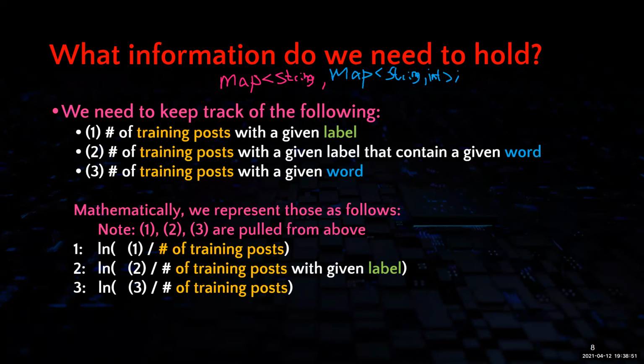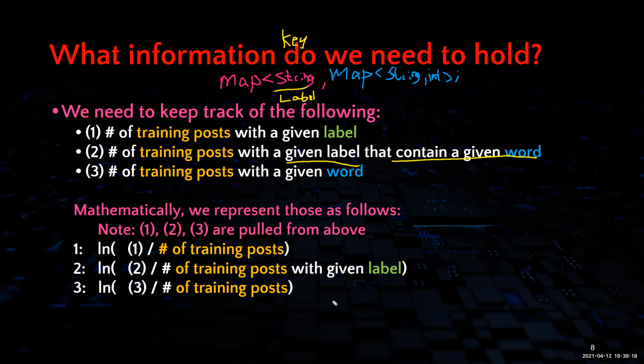So what's happening here is this string is going to be our label. This would be the map, and it'll be for euchre. Remember that this is going to be a key, and all the keys have to be unique, which is perfect, because we're given a label and we want to figure out how many times that word occurs given that label.